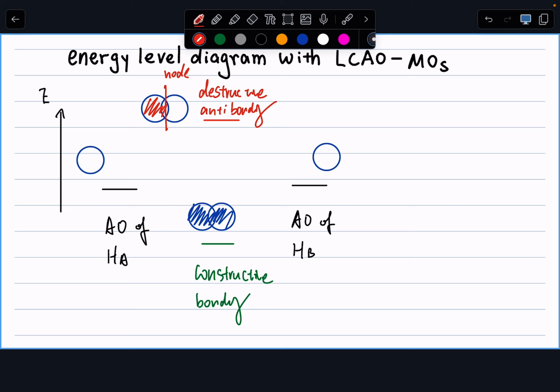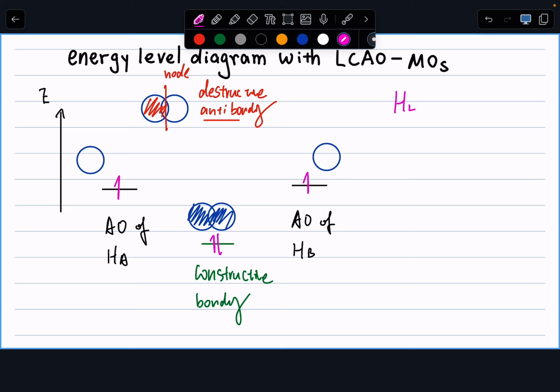And then we can pop electrons into these molecular orbitals. In this case, imagine we're looking at neutral H2. So each of my hydrogens will have one electron. When they come together to form the bonding MO, my electrons go to the lower energy MO. All right. And then we have bonding in between my H2.